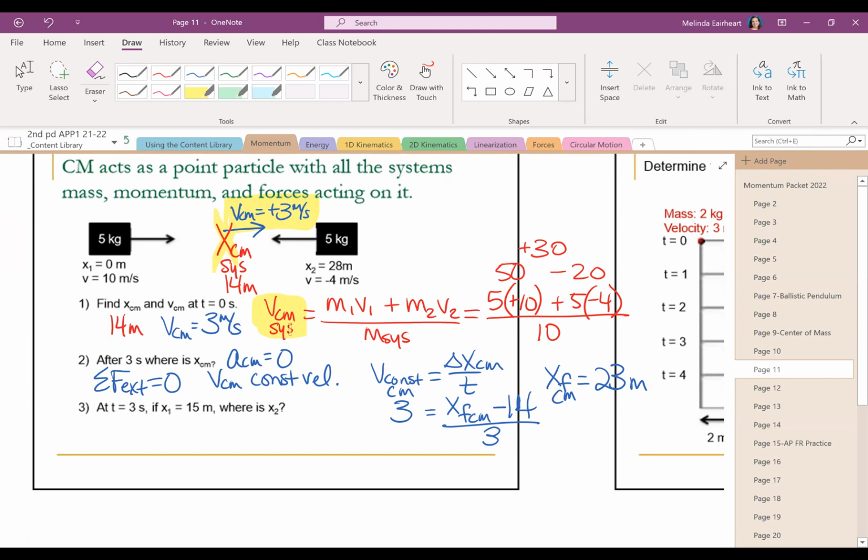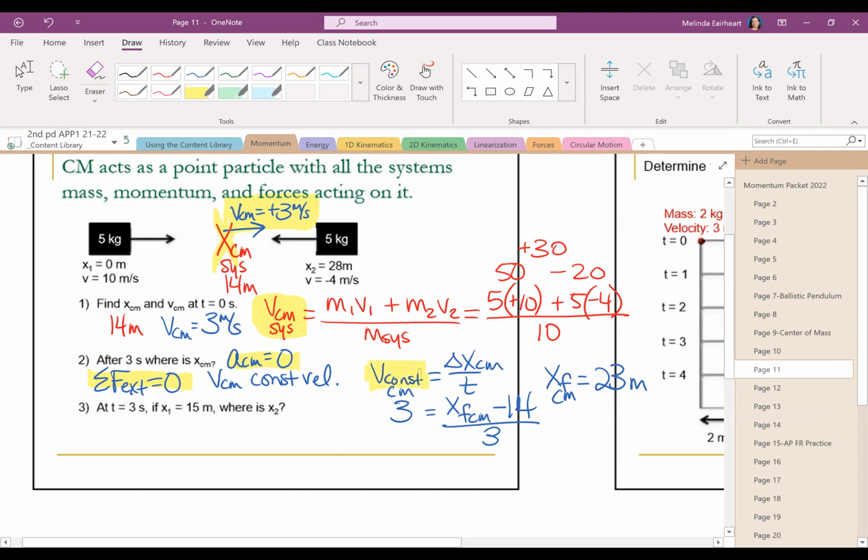And then part two, we did kinematics with your imaginary center of mass location, right? And so if there's no external forces on the system, then the system doesn't accelerate and your system has a constant velocity.